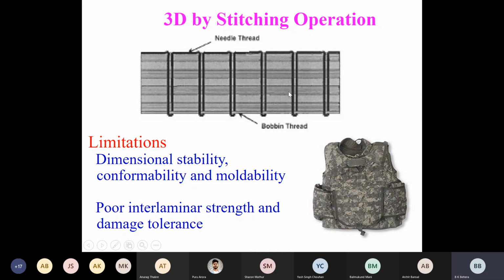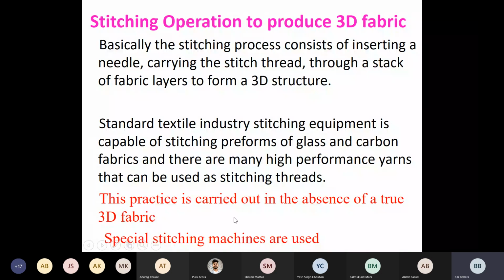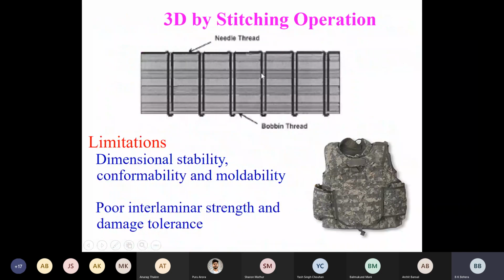You can do this by stitching, or even you can go for applying adhesive between each layer. We call it laminating. But ultimately, you will get a 3D fabric. This practice is carried out in the absence of a 3D weaving system. If you don't have a 3D weaving system, then people use this method. The idea is to get a thick, multi-layer structure, and subsequently we use a special stitching machine to sew and to make it thick, depending on how many layers, what is the final thickness we want.